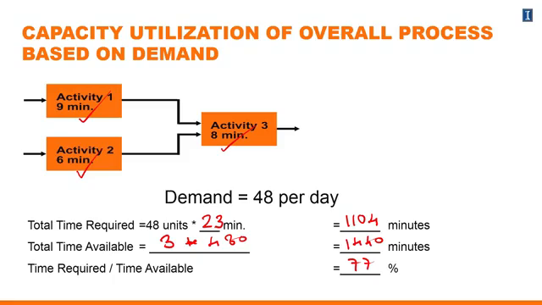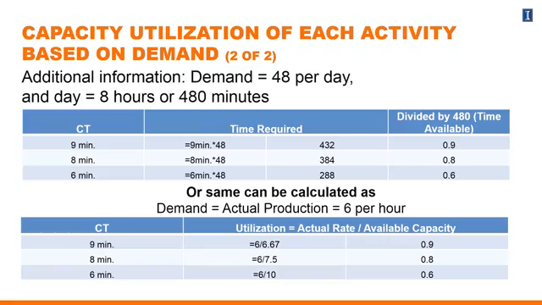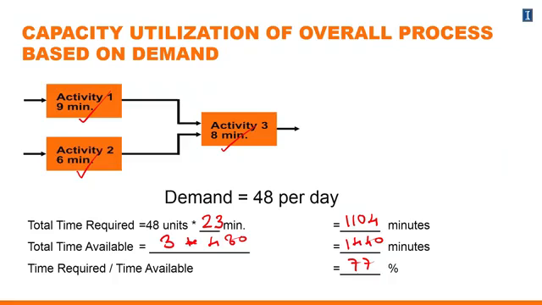Now, if you compare this to the capacity utilization that we calculated earlier for each one of the 3 different tasks, it was 90, 80, and 60. And what you can see is that 77% is the average of those 3 capacity utilizations that we calculated for each one of them individually. In both cases, we were treating the demand as being the bottleneck.